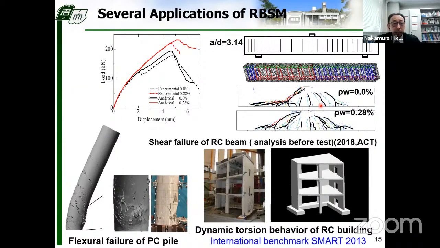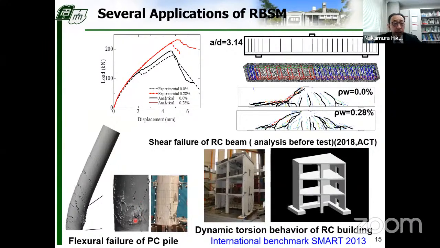So our cases can also simulate the shear behavior realistically, not only the load displacement relationship for different shear span ratios, but also the crack pattern. Black is the tested crack pattern and color is the simulated crack pattern.